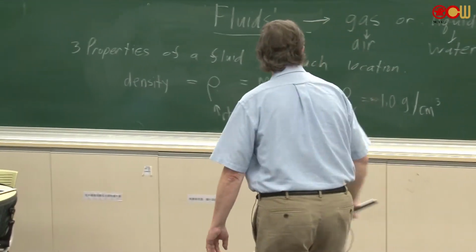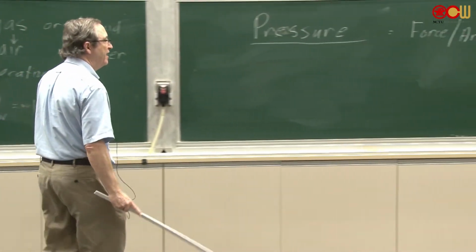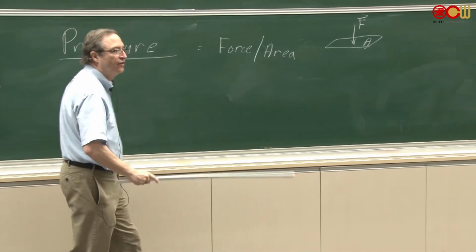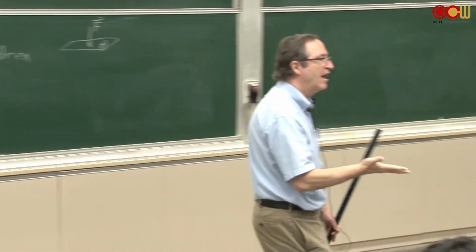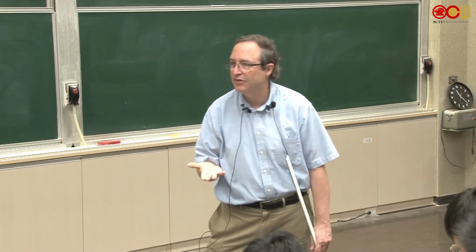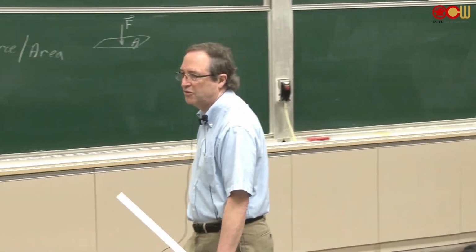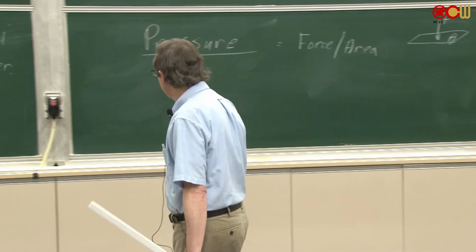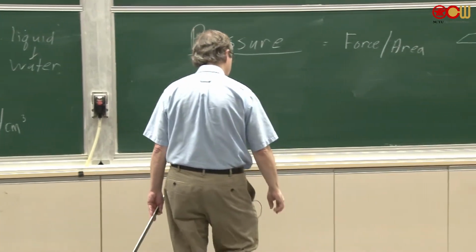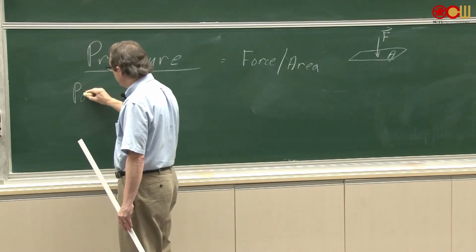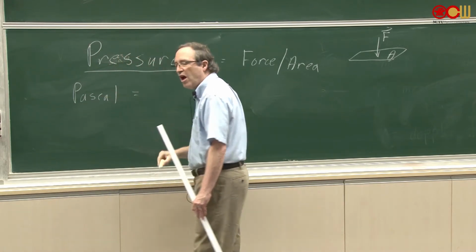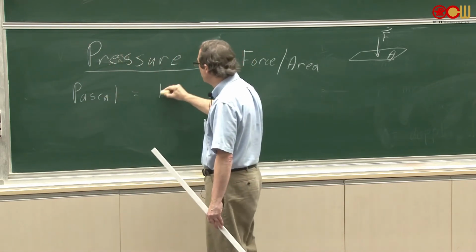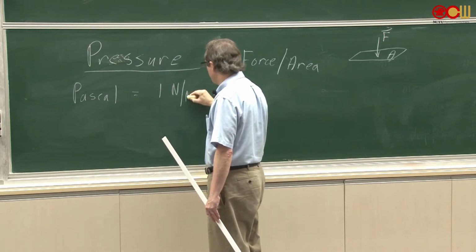And the way you would measure it is by looking at the force. You would have to put a surface there, measure how much force there is on that surface, and that would give you the pressure. All right, some numbers. A Pascal is 1 unit of pressure, and that's 1 Newton per meter squared.